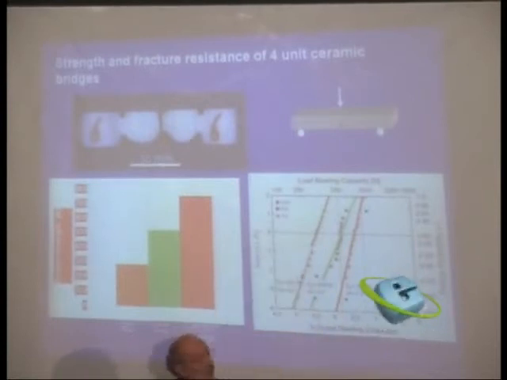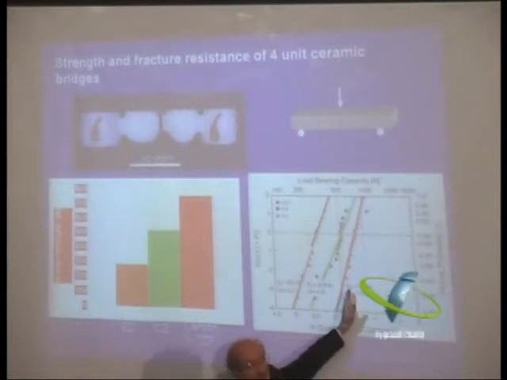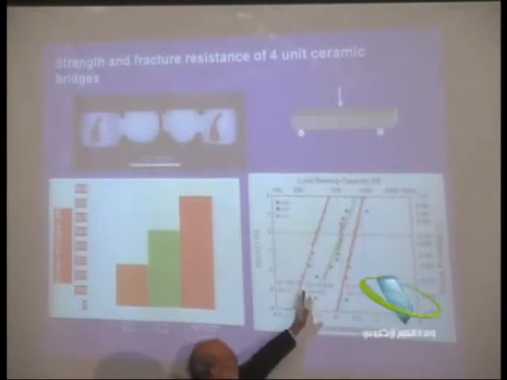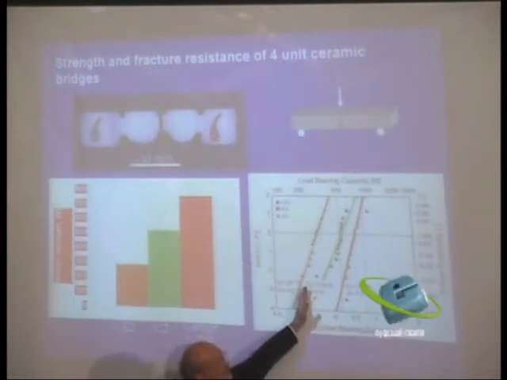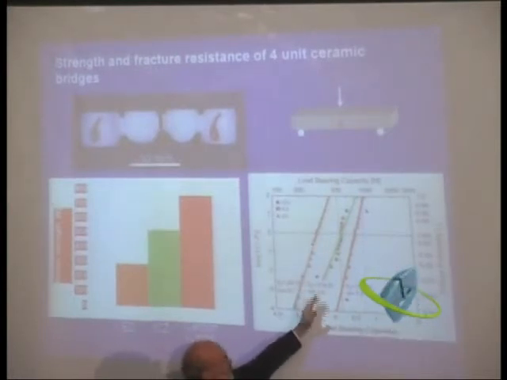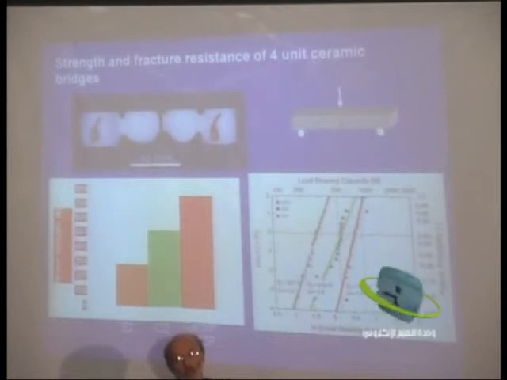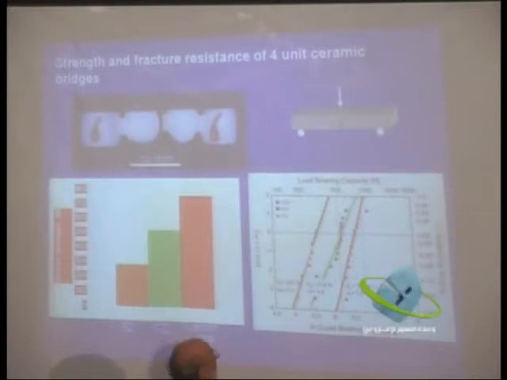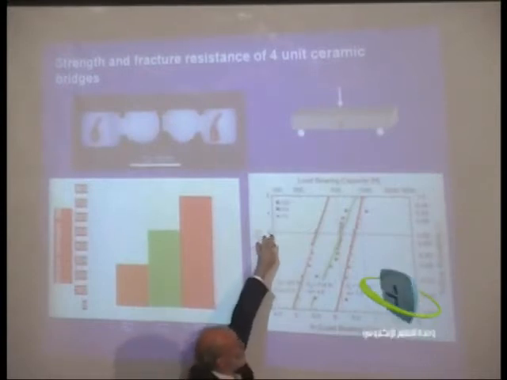Now, if you've got a big bruxing person, then you may have problems of having loads up in this area. Whereas if you've got a very mild and modest biting person, then you may be okay. So then it's a question, what probability of fracture do you want? 1 in 100 of your patients returning? 1 in 10? So here is where we have a 50% probability.